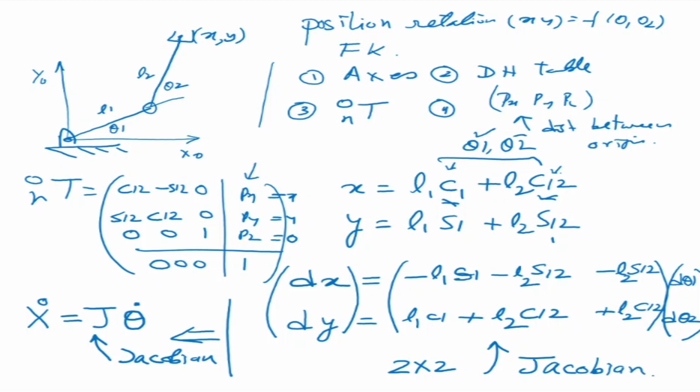What does it relate? It relates the end effector velocity, x dot, y dot, which is given here, with respect to the joint velocities, which is d theta 1 and d theta 2. Please note that these are incremental velocities. This is not an average velocity. d of x means a very small, incremental change only.